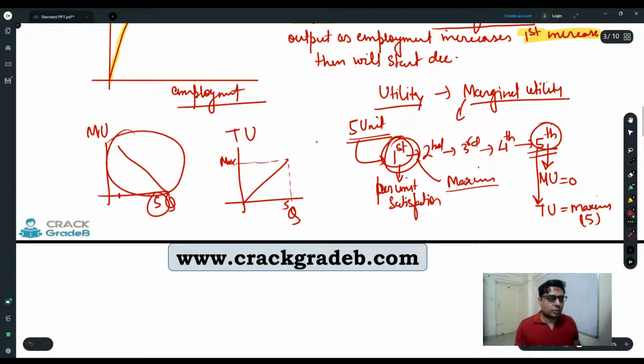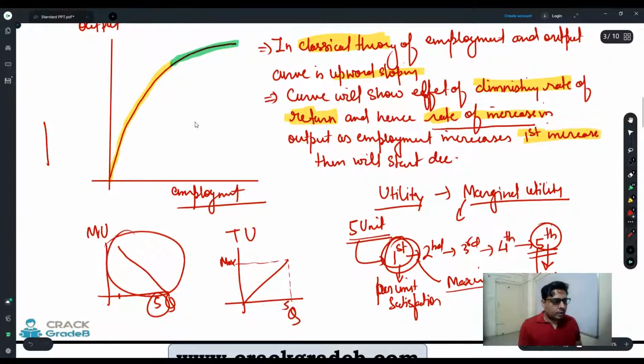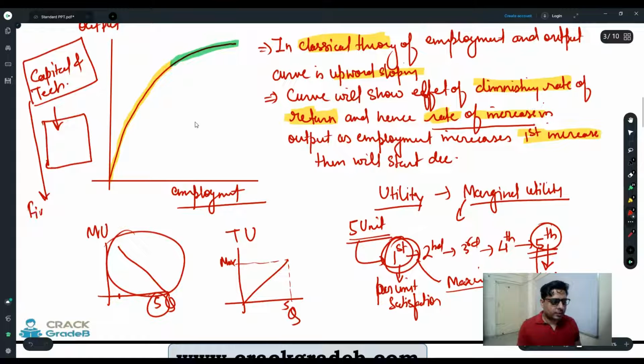So in this context, what they are saying regarding diminishing rate of return is: in a particular production unit, if capital and technology are fixed or constant for the short run, then what will happen?